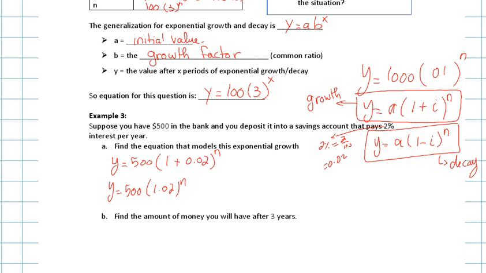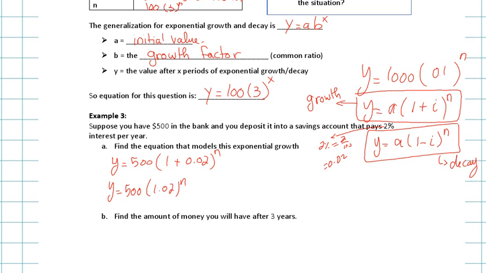Now my question to you, what's your growth factor? What's your base? 1.02, that's your growth factor. Your growth factor, remember, is your B. It's called the growth factor, and it's 1.02. What's your initial? 500.